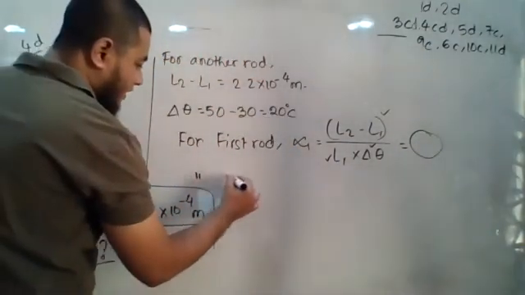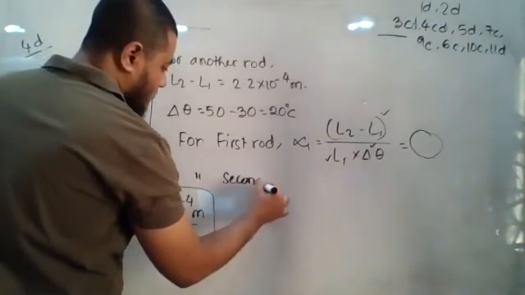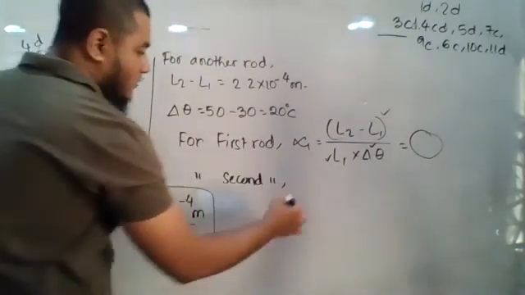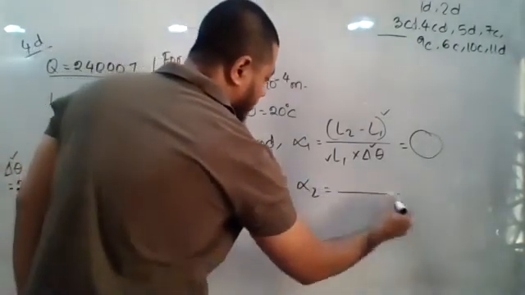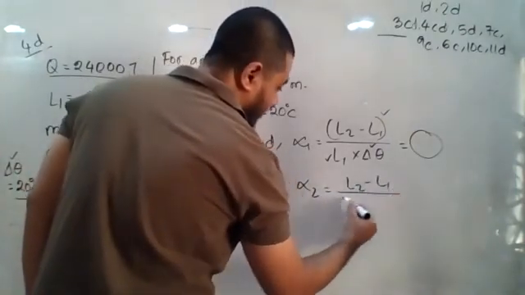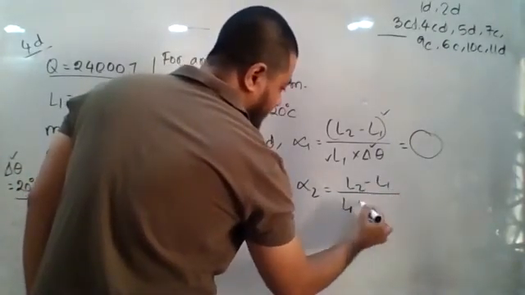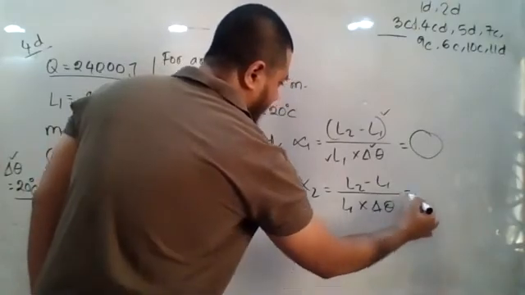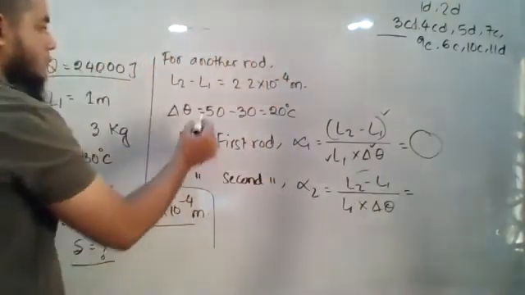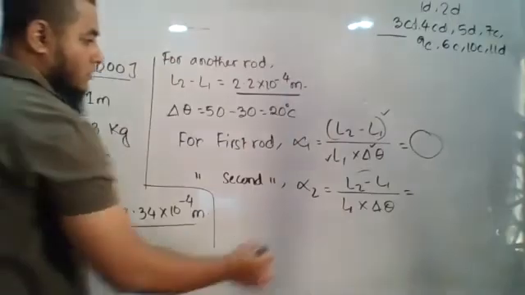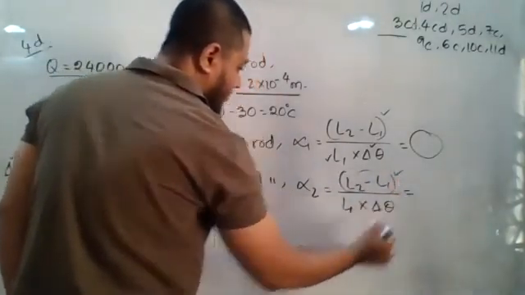Now for the second rod, alpha 2, we will calculate similarly. The change of length, which is given here, 2.2, so this is known, tick mark.